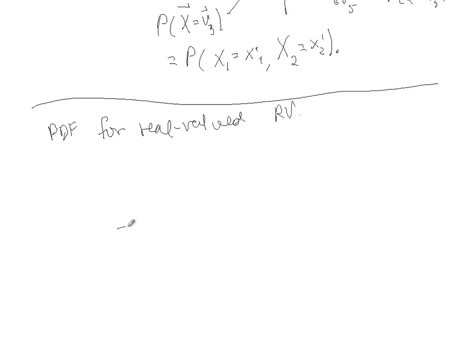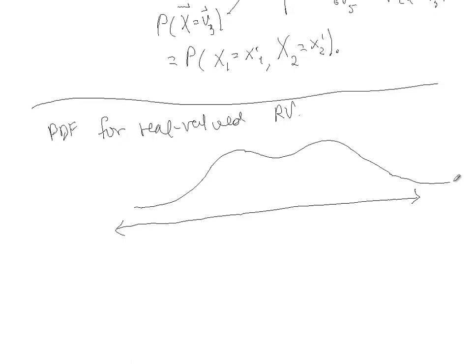Now, the way we represent that is we'd have a real line, and then we have our probability density function, which was usually a continuous type function. And remember that the probability of being between A and B was equal to the area underneath this curve.